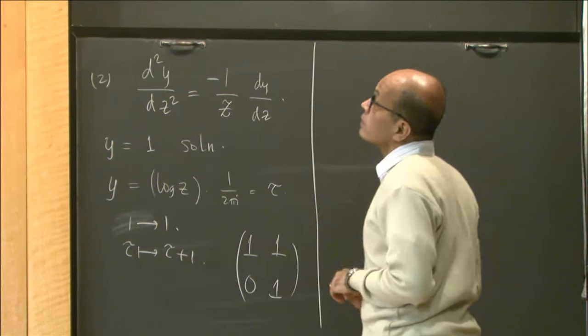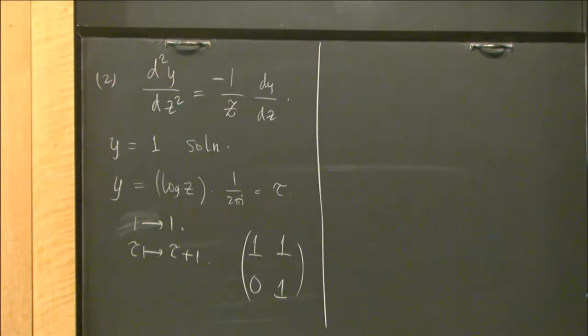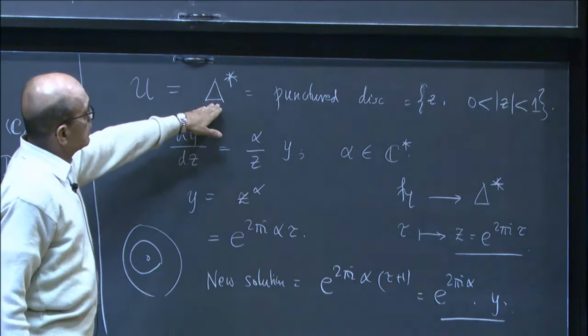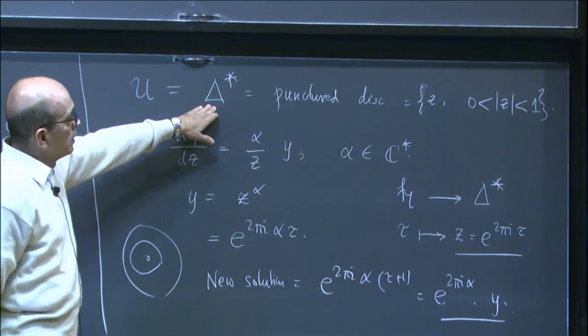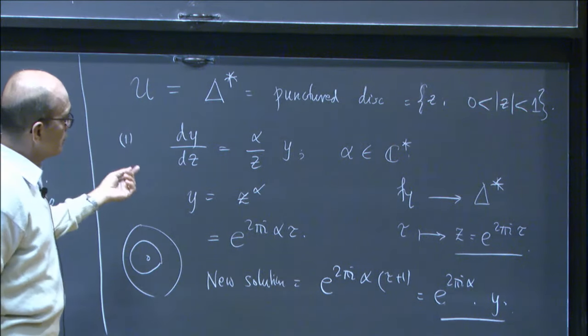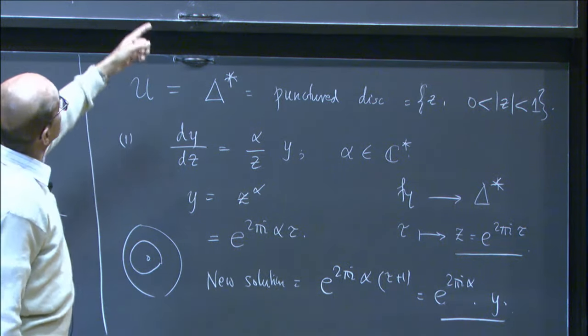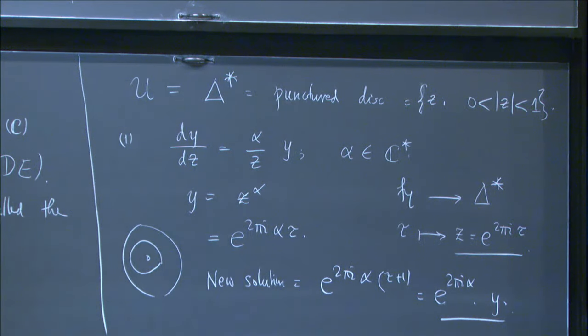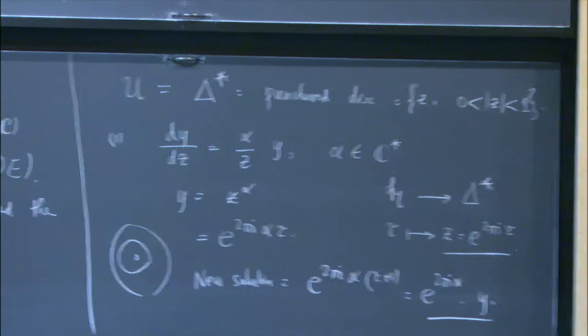Now I'm going to look at the punctured disk again, but look at some very special differential equation where these f_i all have at most a simple pole. So again, U is the punctured disk.